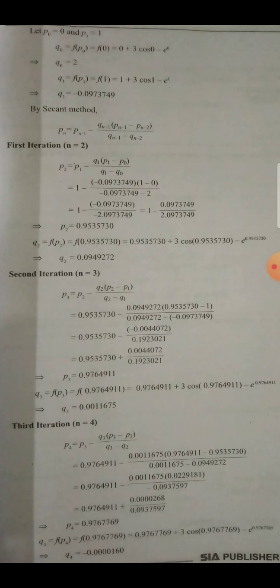Now we will find out Q3. Q3 is equal to f of P3 is equal to f of 0.9764911 is equal to 0.9764911 plus 3 cos of 0.9764911 minus e power 0.9764911, implies Q3 is equal to 0.0011675.